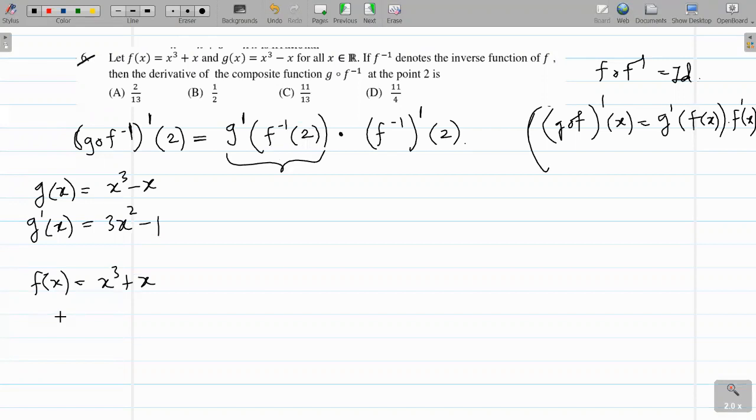So for which x do you get f of x equal to 2?